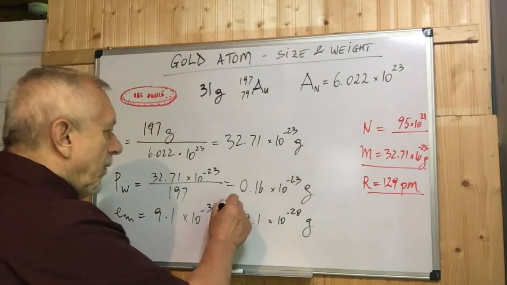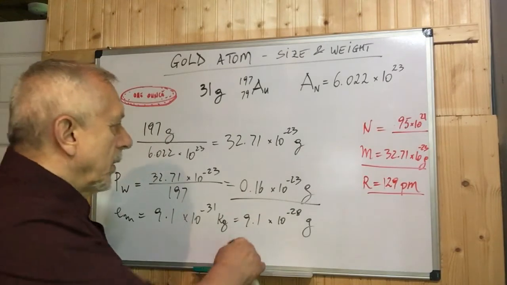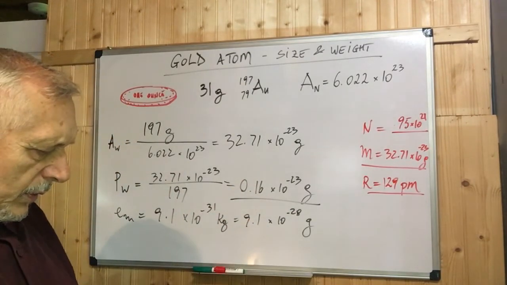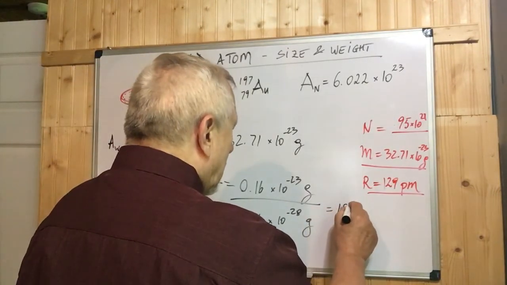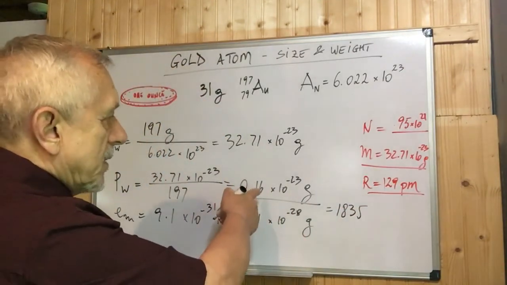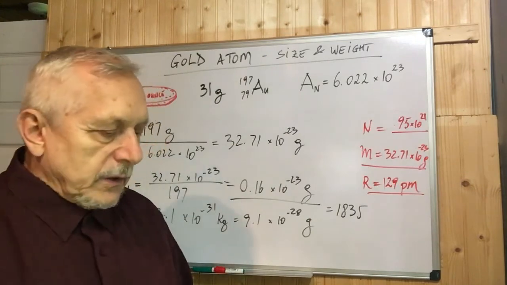And now if we divide these two numbers to see the difference between proton and electron, we find about 1835, which means the proton is almost 2000 times heavier than the electron.